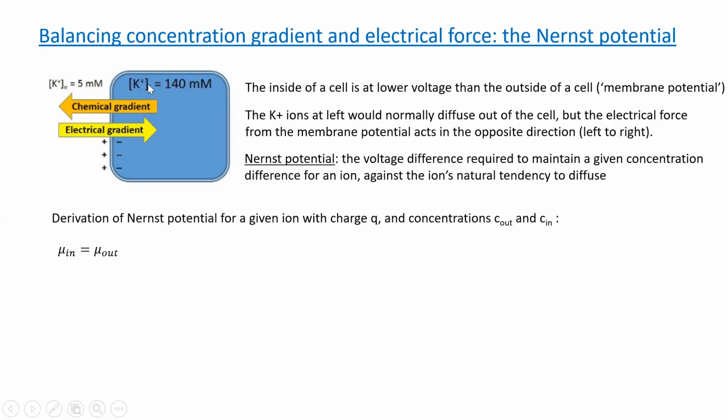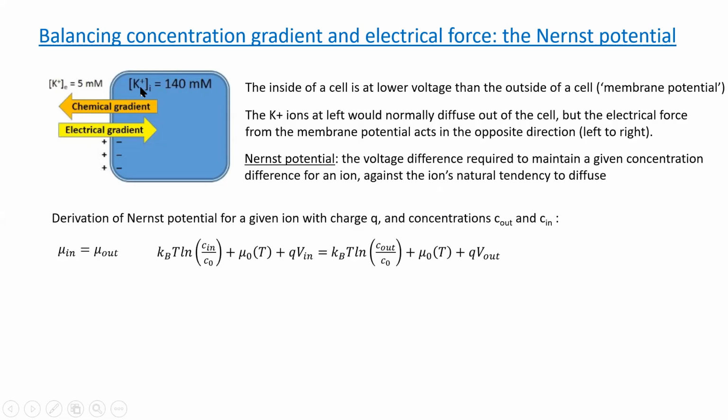We start off by saying the traffic cop for movement of materials is the chemical potential, and that still holds here. So we'll have a balance when the chemical potential inside is equal to the chemical potential outside for this given ion.